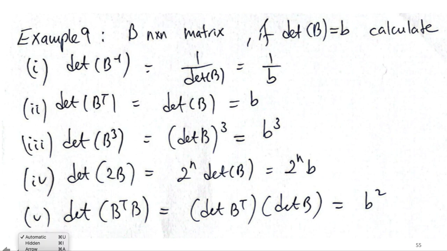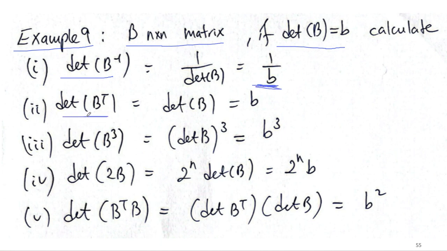Finally, let's see a few more properties of the determinant, and then we will finish the video. So in this example, you are given an n by n matrix, and if the determinant of B equals small b, then calculate these quantities in terms of the determinant of B. So the determinant of B inverse is 1 over the determinant of B, which is 1 over b.